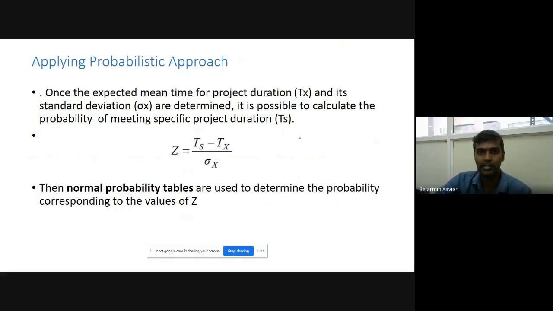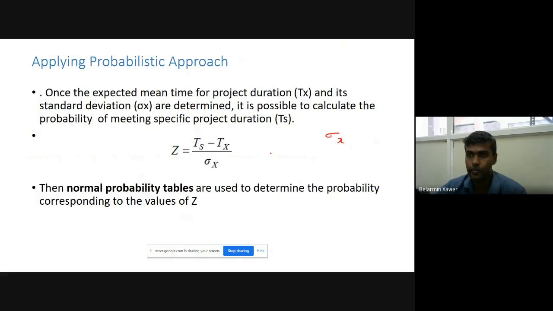Okay. So once the expected mean time for the project duration, here they are mentioning it as Tx, and its standard deviation, that is sigma x, are determined, it is possible to calculate the probability of meeting a specific project duration.